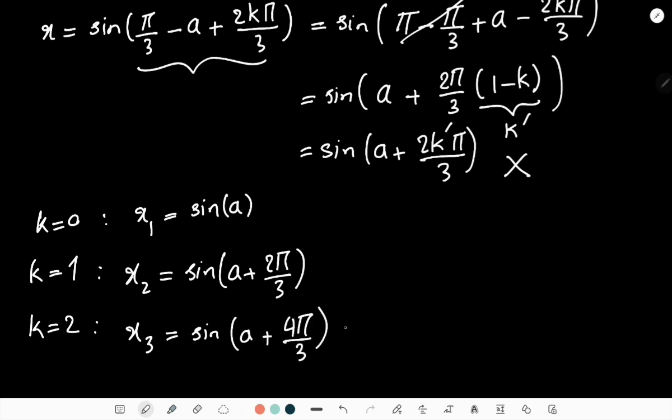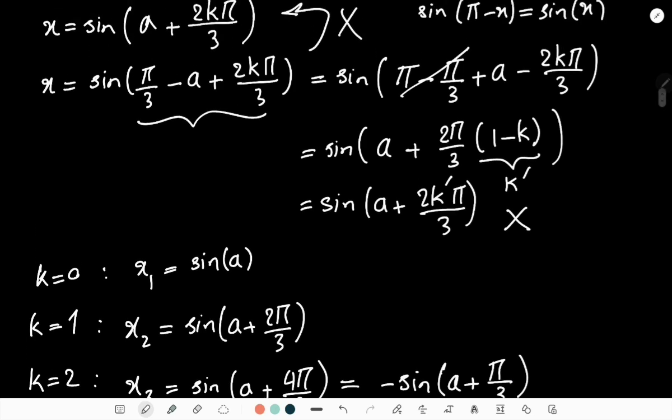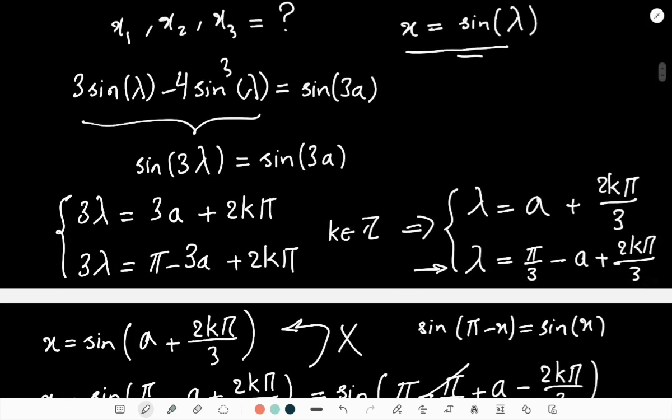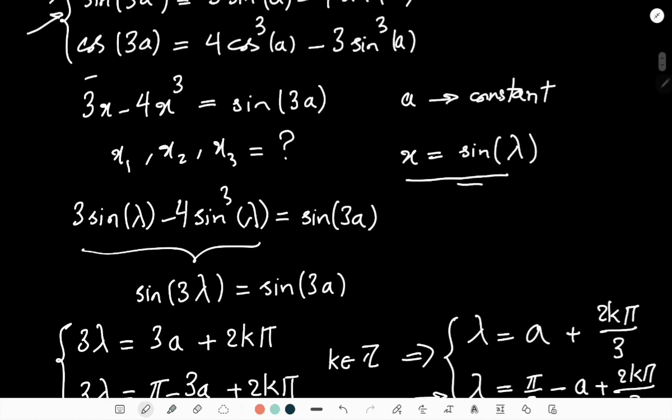But this can be written as minus sine of a plus pi over 3, you just basically pull out 1 pi from this and use some trigonometric identities. Interesting, right? Now, these are basically the roots to this equation up here, which I designed myself.